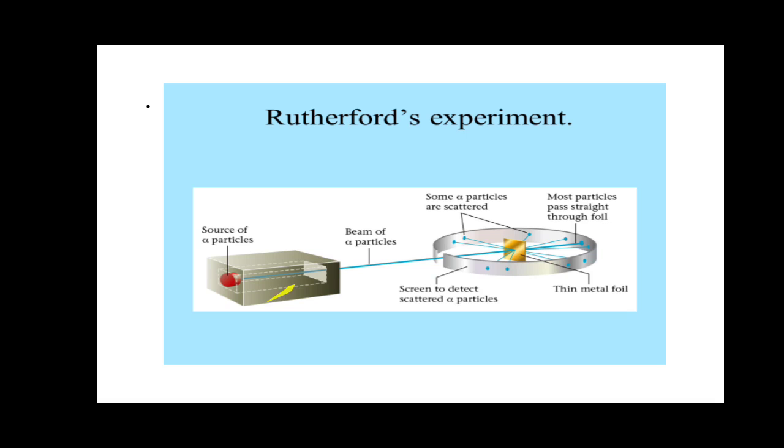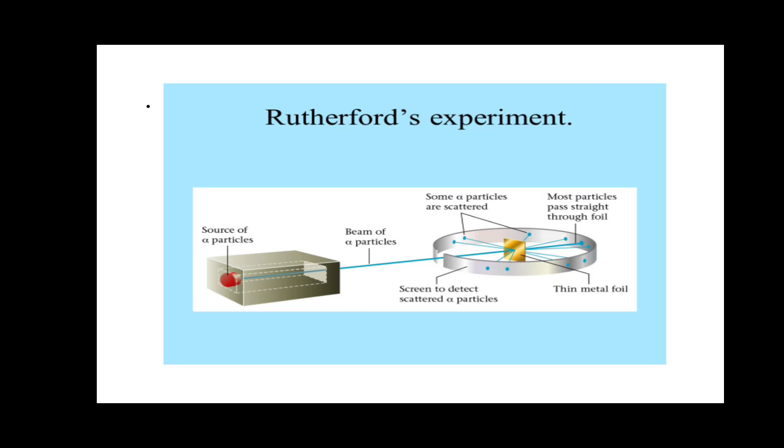When he bombarded alpha rays on the thin gold foil, he observed that some alpha particles passed through the foil undeflected, as seen in the diagram, some were slightly deflected, some were greatly deflected, and some were reversed back to the source.